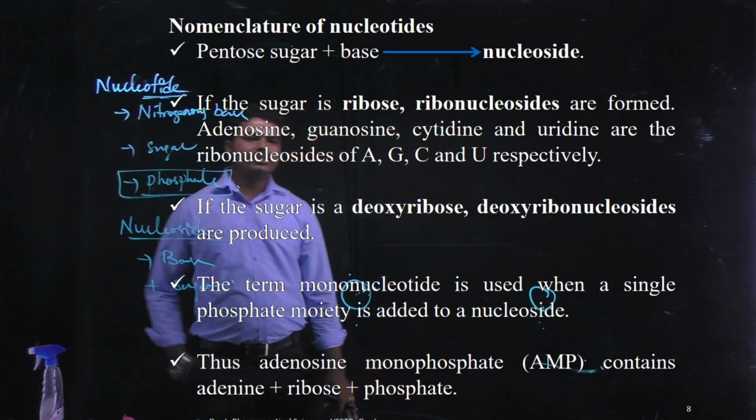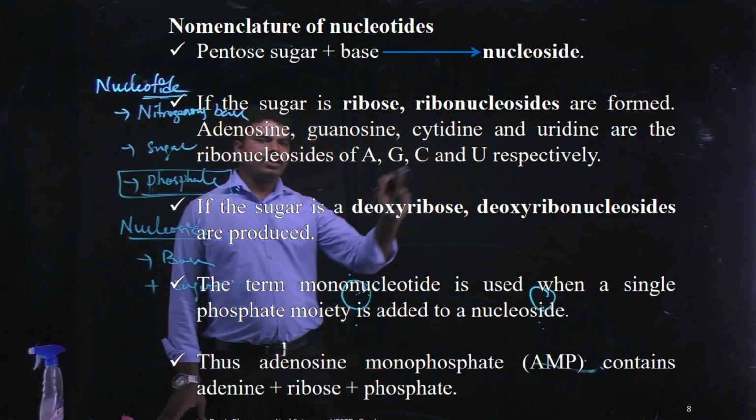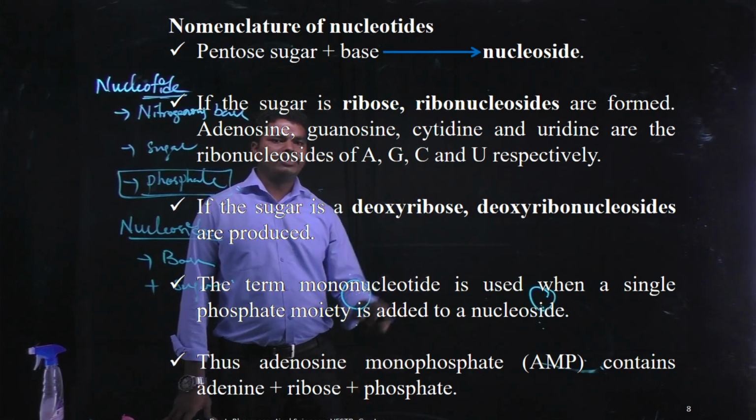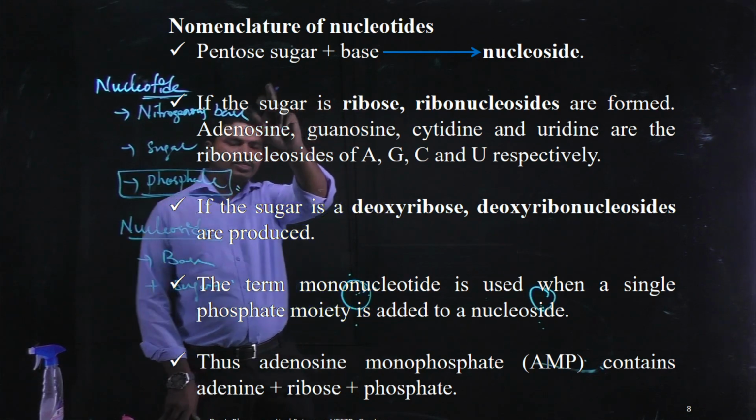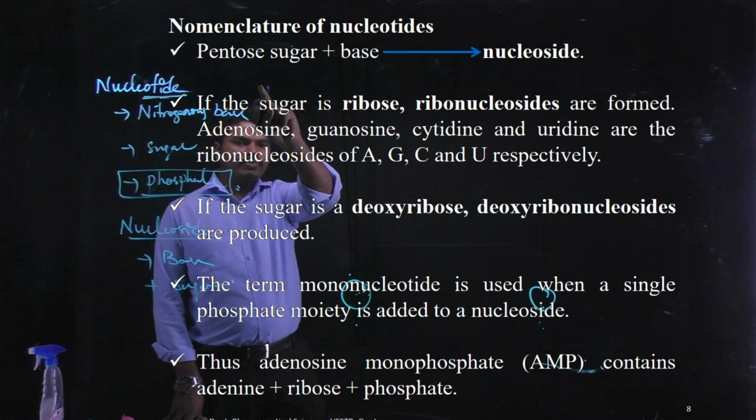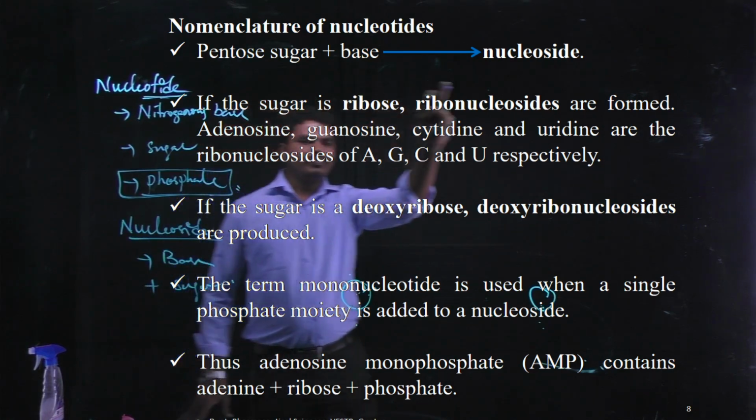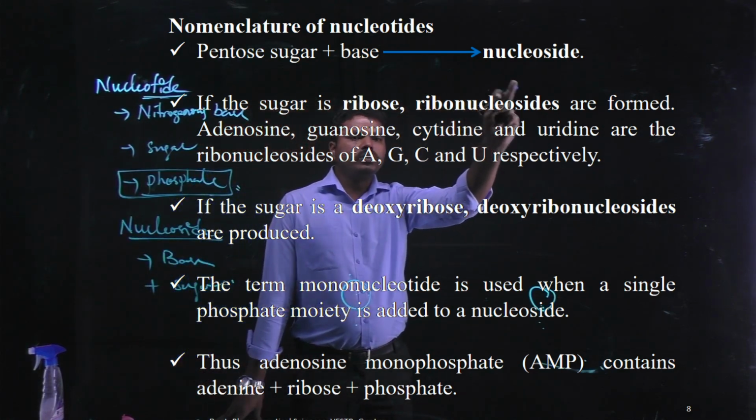If the sugar is ribose, then they are called ribonucleosides. In this combination of base and pentose sugar, if the sugar is ribose, the nucleoside is called a ribonucleoside.